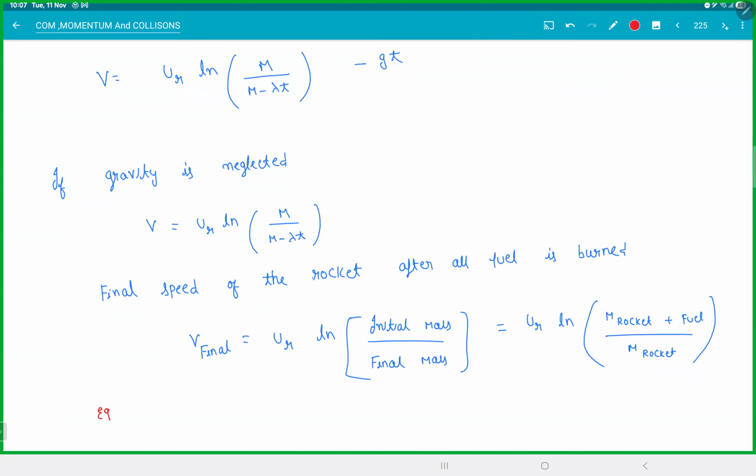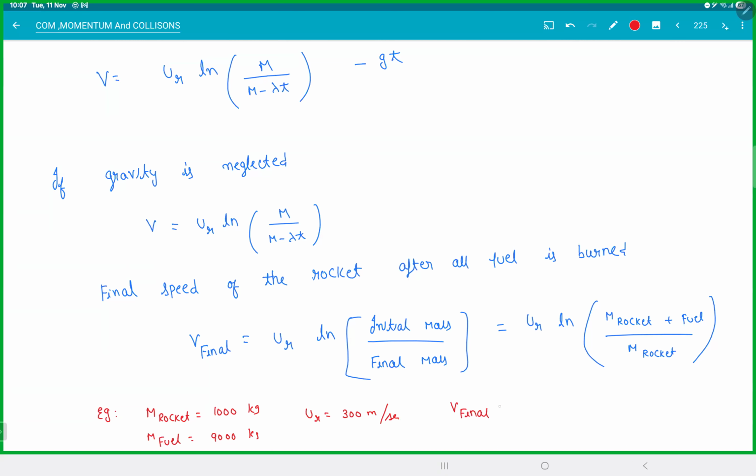So, example: let's say the payload is 1000 kgs and the fuel is 9000 kgs and u relative is 300 meters per second.